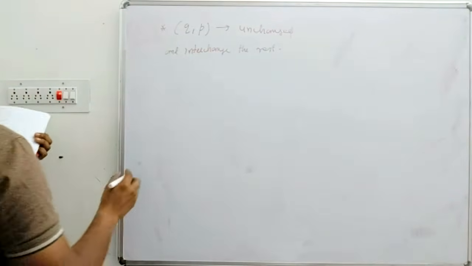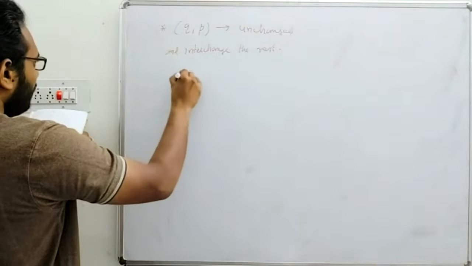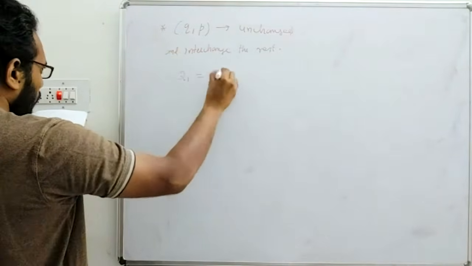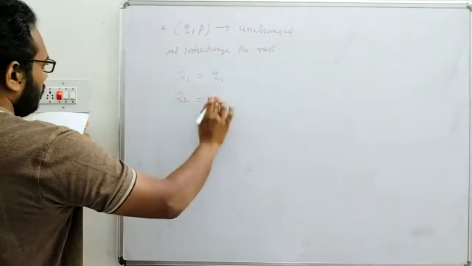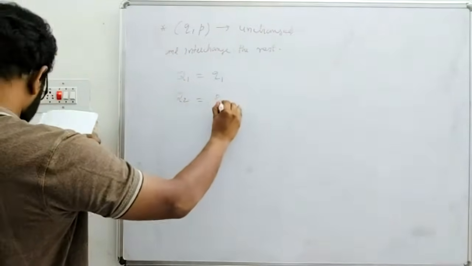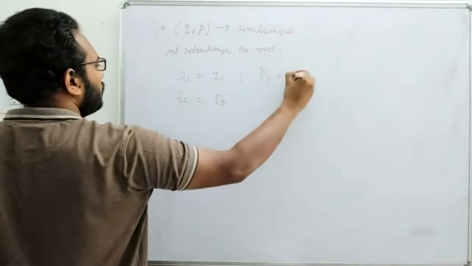Which means that, for example, for 2 degrees of freedom, this transformation would mean we take Q1 is equal to q1, and P1 is equal to small p1.